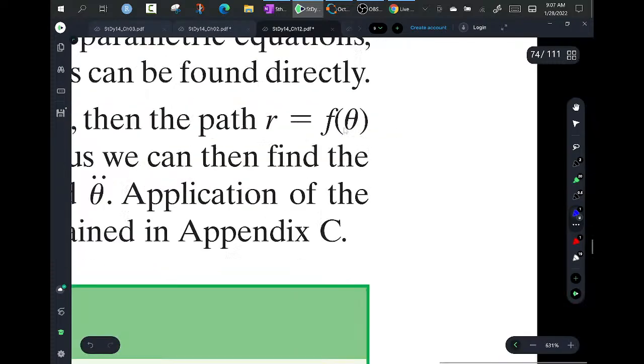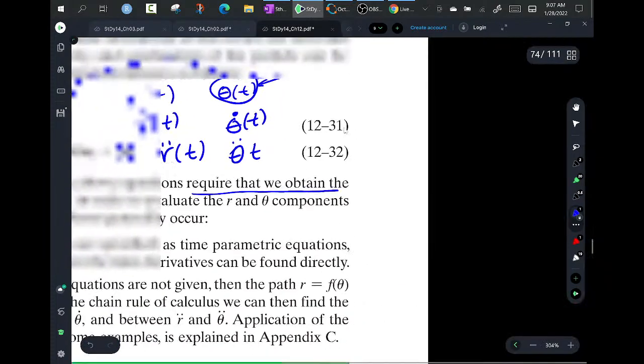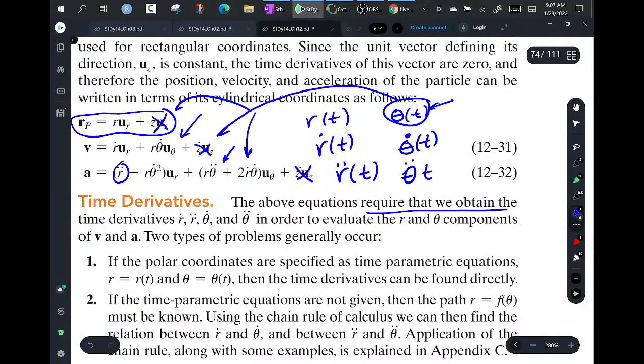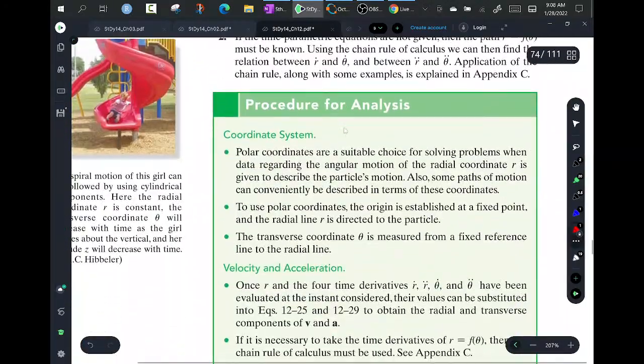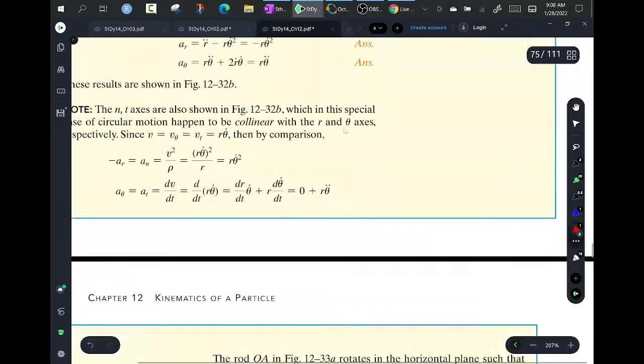These two exist in the acceleration, but don't exist in the velocity. So let's try to find a problem and make all this kind of melt together.